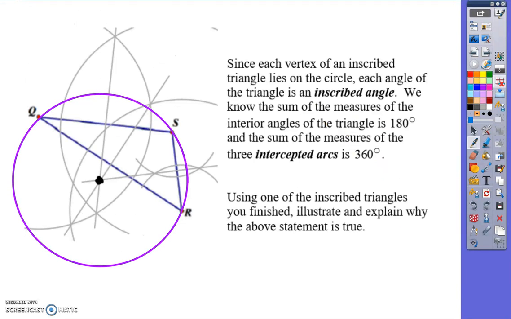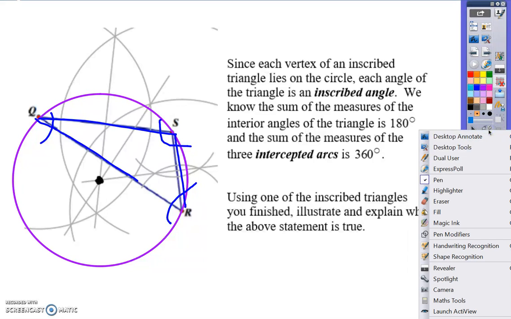So what I'm asking you to do is going back here to these pictures, draw the central angles in and measure the central angles with your protractor and figure out how that relates to the inscribed angle, this angle, that angle, that angle. So I'm just going to do one for you and we'll see what's happening.